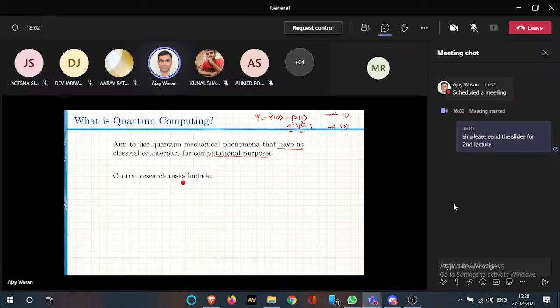The central research tasks in quantum computing include building devices with a specific behavior and designing algorithms to use that behavior. We need these two things to make any quantum computing device.